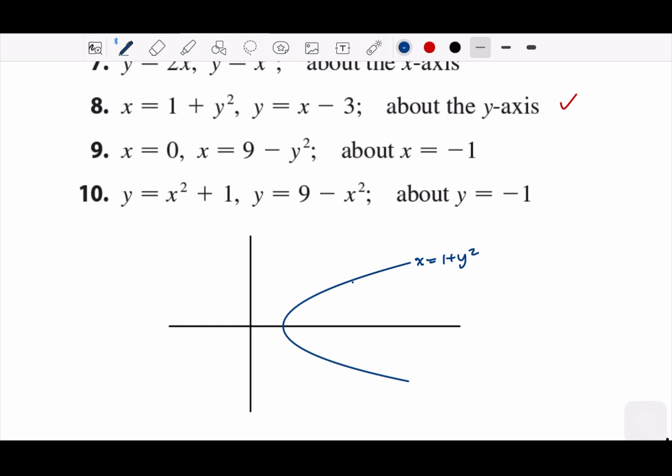Y equal x minus 3. Let's say this is 1, 2, 3. Let's say 3 is here. So it's supposed to be intersected at that point.